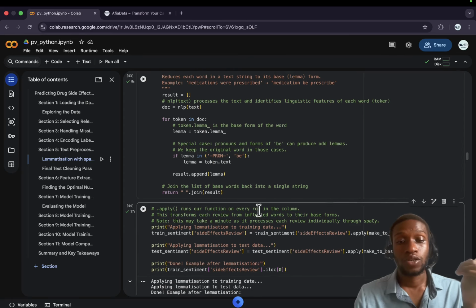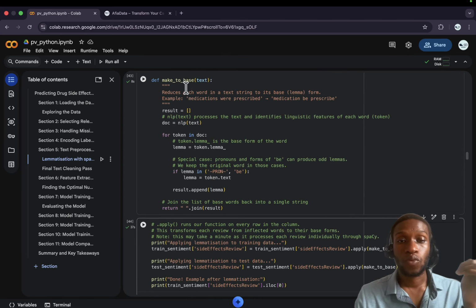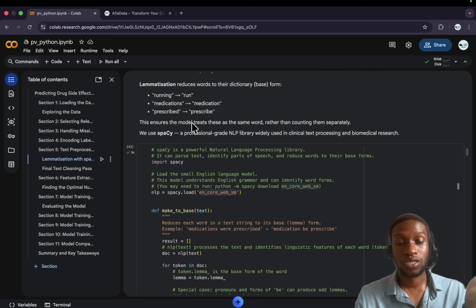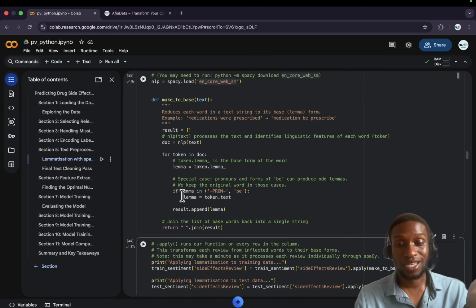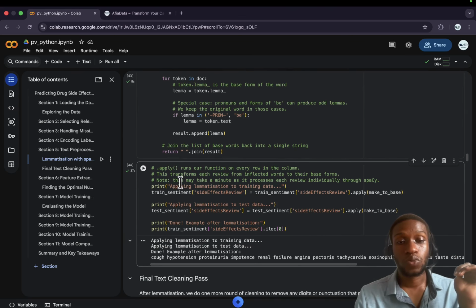All right. So once we've loaded the model, we need to create a make to base function which handles this step. So this one is just over here, and it's handled by the model. I won't go deeper into it for now. So once you've done that, we press this next cell, which now transforms each review from inflected words to their base forms.